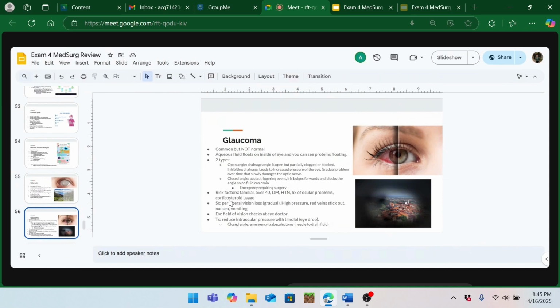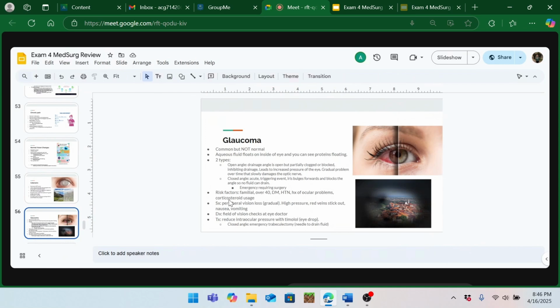Glaucoma is also not normal but common. So there's this fluid inside your eyes, and basically with glaucoma, the fluid can't drain properly. There's two types. Be familiar with the two types. Open angle is when the drainage angle is open but partially clogged, and then it can't drain right.